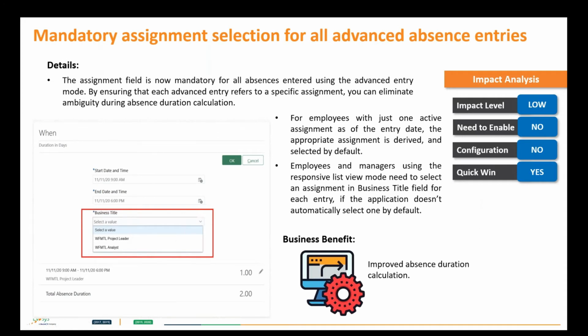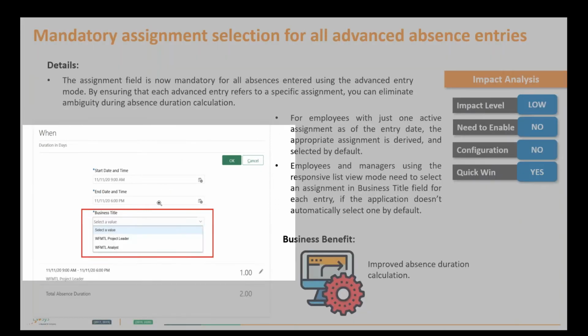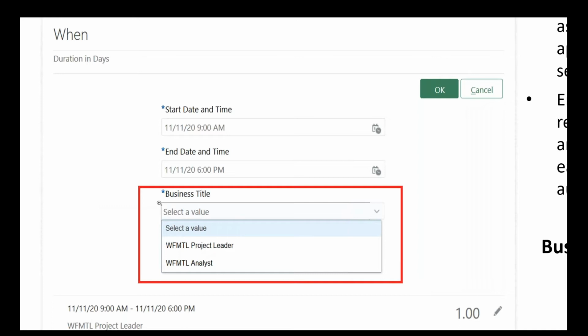The next feature will not only provide clarity, but would also offer an improved absence duration calculation. So now, for all the absences that are entered in advanced mode, it is mandatory to select the assignment field. So as you can see here, there is a drop down for business title, wherein you can select the specific assignment against each advanced entry.